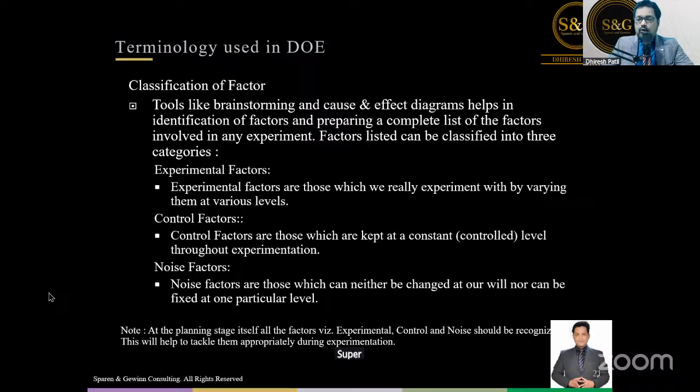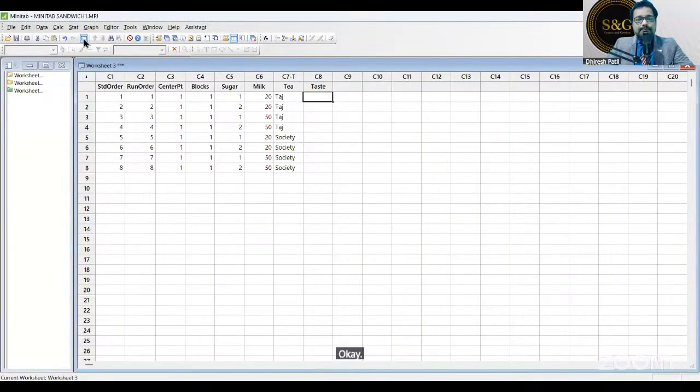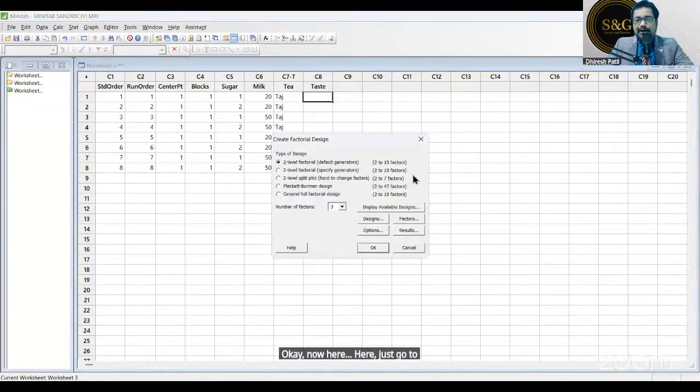Super. Now, let me share with you quickly. Let's go back to our Minitab file. Just go back to the create factorial design.